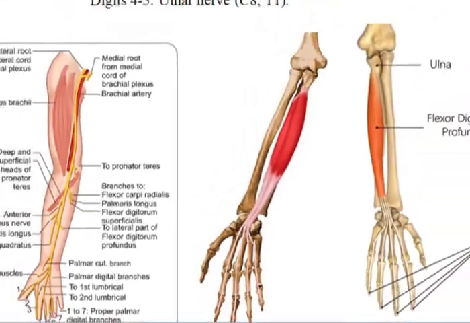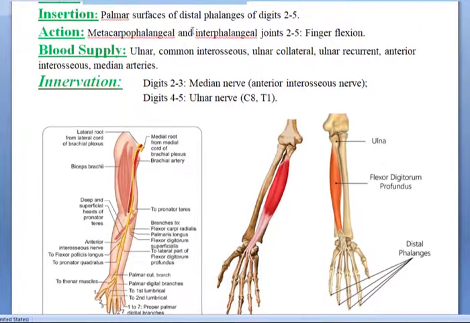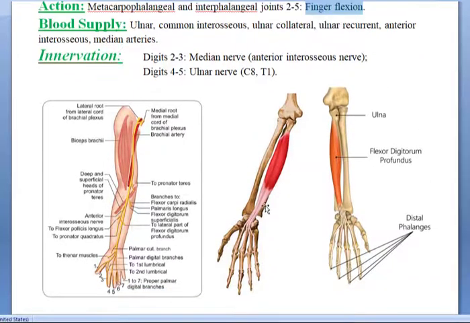What are its actions? At the metacarpophalangeal and interphalangeal joints 2 to 5, it causes finger flexion. So it flexes your fingers. Whenever this muscle contracts, it will pull your fingers up. So it's called flexion of the fingers. What is its blood supply? It is supplied by the ulnar, common interosseous, ulnar collateral, ulnar recurrent, anterior interosseous and median arteries.